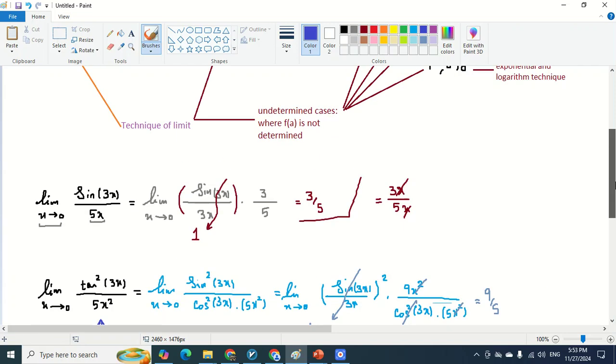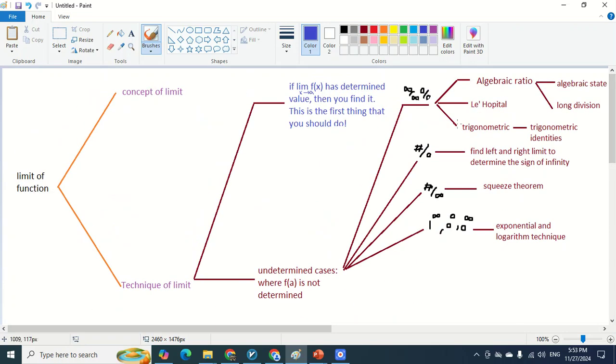Let us take a look at our diagram again. In our diagram we had infinity over infinity, which we discussed in the limit at infinity. We had 0 over 0 that we discussed previously. We had a number over 0 that is equal to infinity, and based on the sign of the 0 we can decide about it, and a number over infinity is equal to 0.